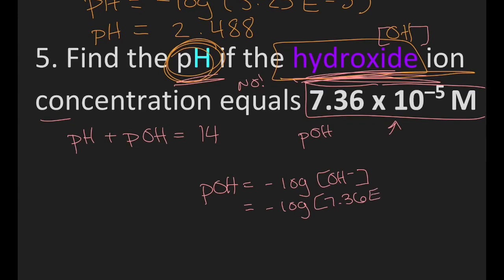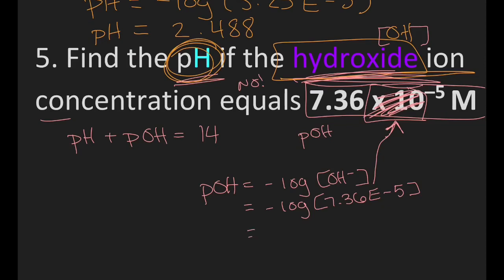Remember, I need to use E, and then a normal size negative 5. That's how you need to punch it into your calculator. Please do not add any carets. Do not add a times. Do not add a 10. We've done this before. You are not typing in times 10. Times 10 is replaced with an E, as you see right here.